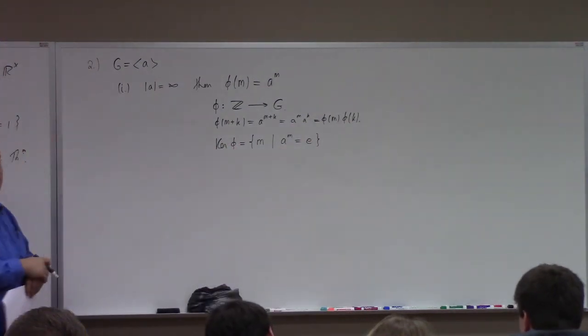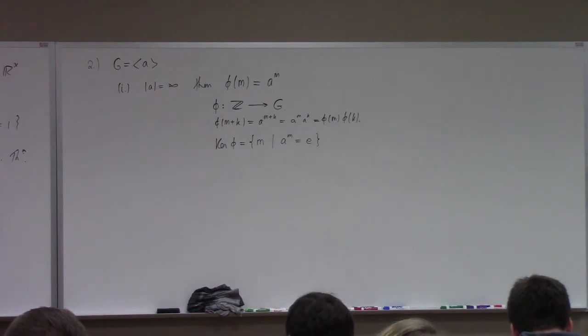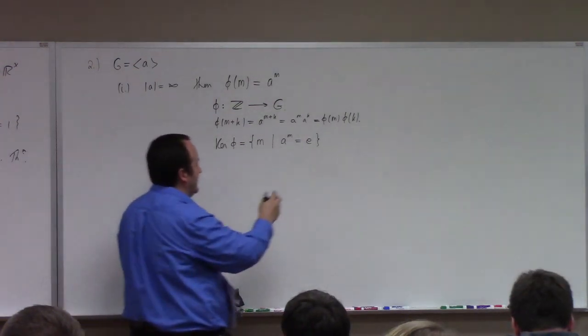From our previous work on cyclic groups, we know this is what? If it has infinite order, what's the only possibility here? By definition of infinite order, this has to be just the set containing 0, right?